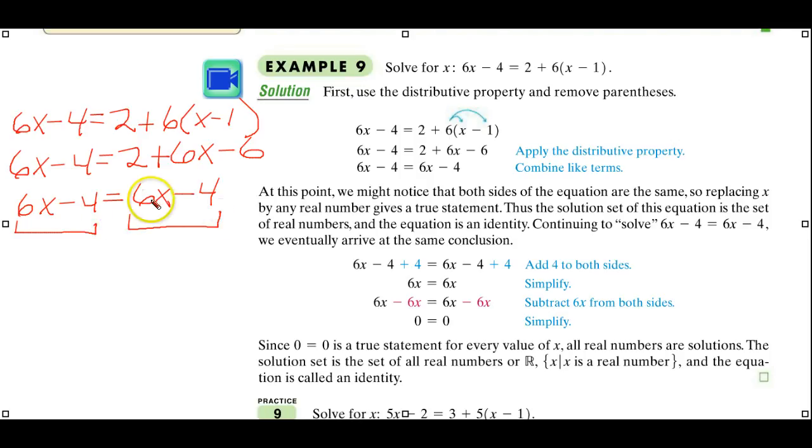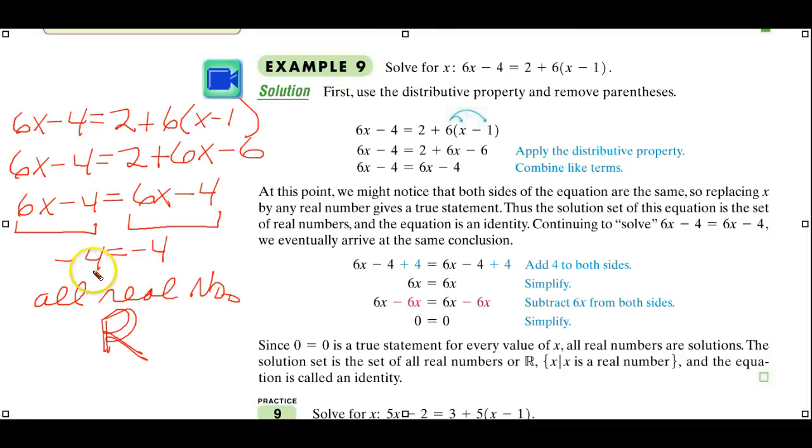So if we were to subtract out the 6x's from both sides, we get negative 4 equals negative 4. Is that a true statement? Yes. So that means whatever value you put there for the x, and that same on the other side, is a solution. So this is all real numbers. Or we use that special R here.